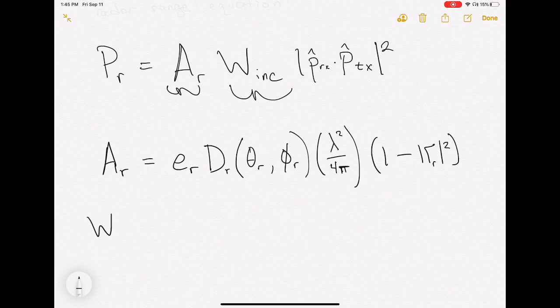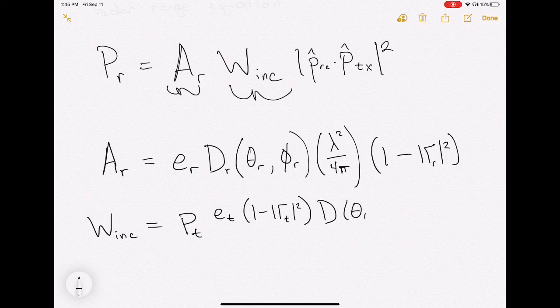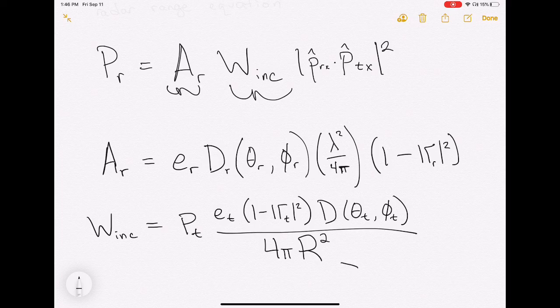In terms of the incident power density, we've got the transmit power itself, the transmit antenna efficiency, the transmit antenna's matching efficiency, the transmit antenna's directivity along the direction looking towards the receiver, and a 1 over 4 pi r squared for free space path loss.